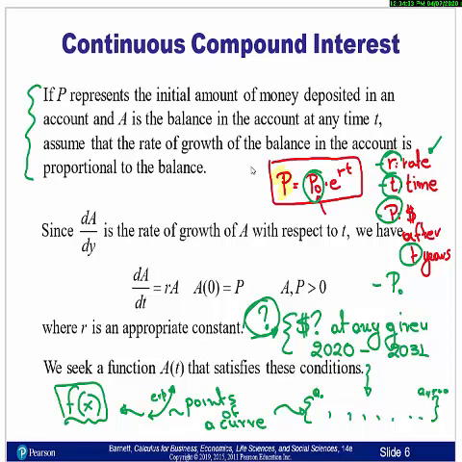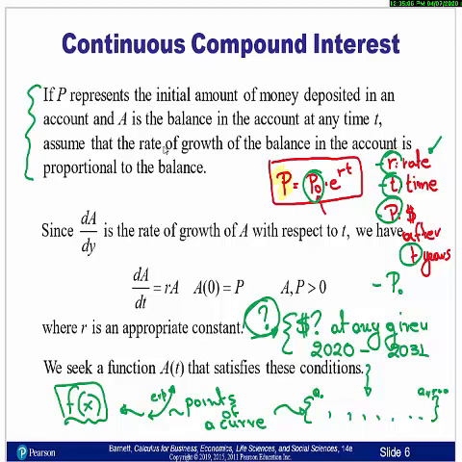So, in order to look at the problem, let's understand what exactly is happening. The derivative of A, the function that gives us the money that will be in the account at any given time throughout these years, is going to be equal to R, the rate, times the function A, the function that determines how much money will be in the account.